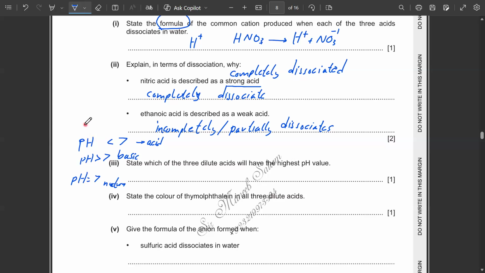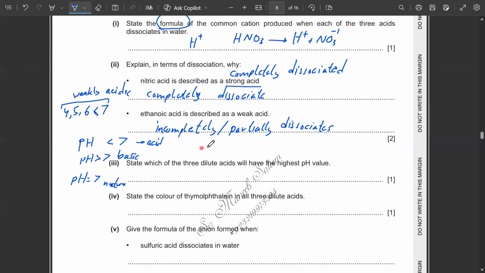And also we remember the ranges. The range closer to 7 but less than 7, that means 6, 5, 4, is definitely of the acidic range but weakly acidic.